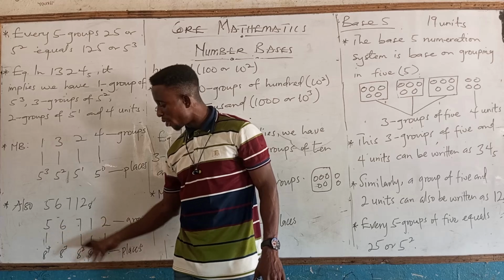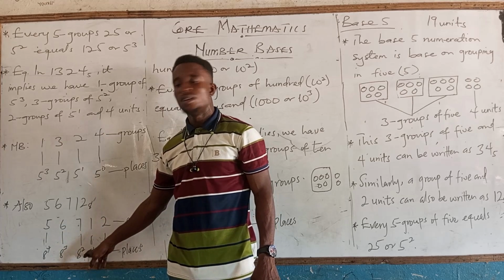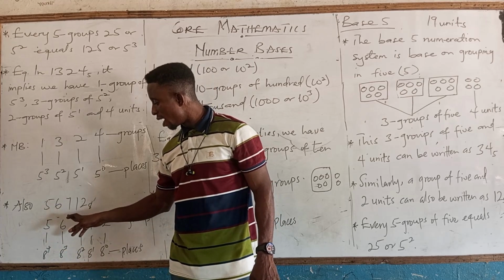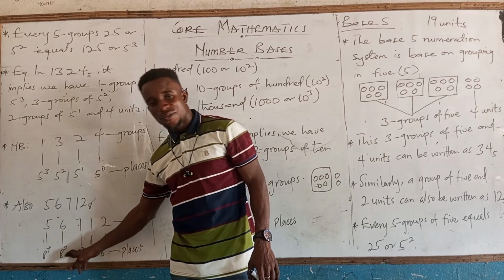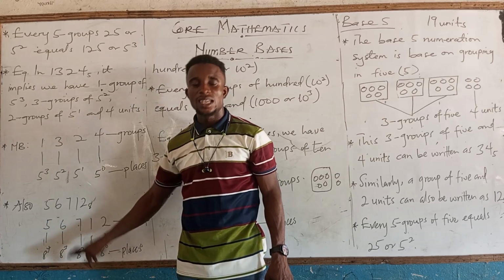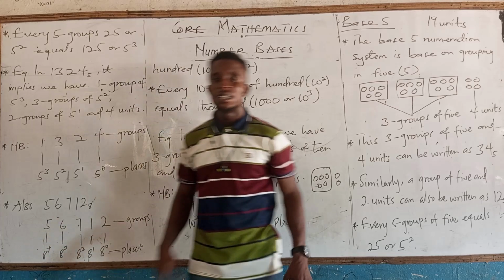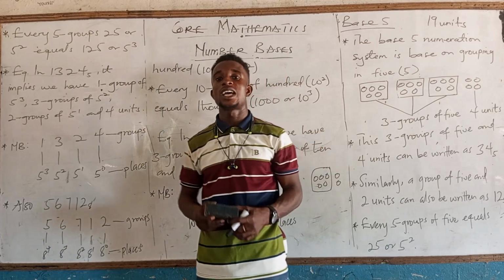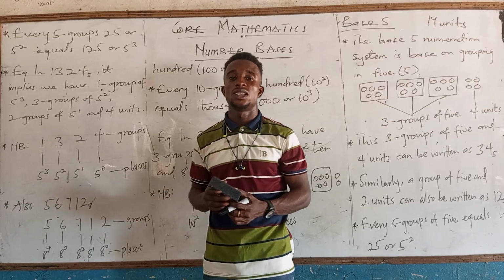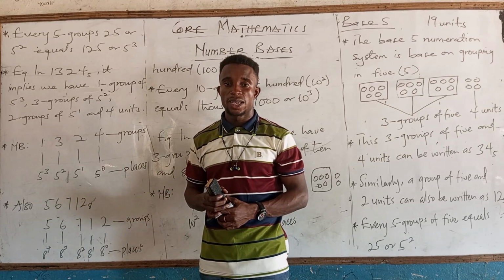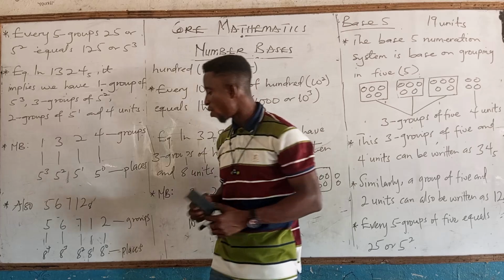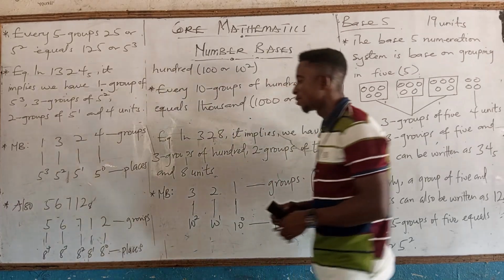We have 7 groups of 64. Then we have 6 groups of this one. Are we getting that? So when we multiply this by that plus this by that, it will get us the total number of units that we grouped into 8 to get that. Please, are we okay? Okay. So I think that is that.